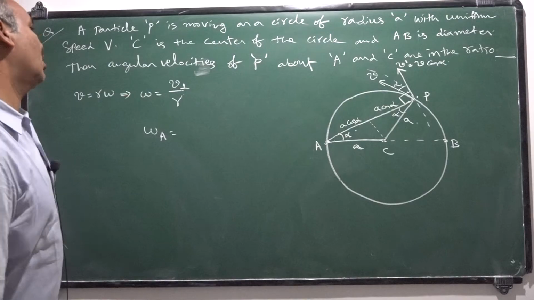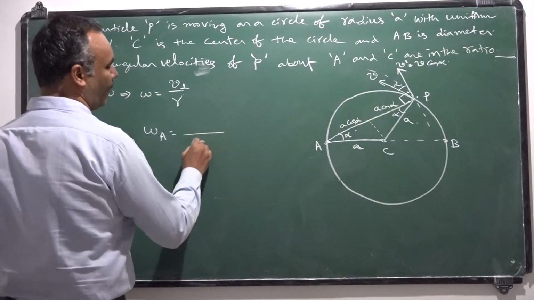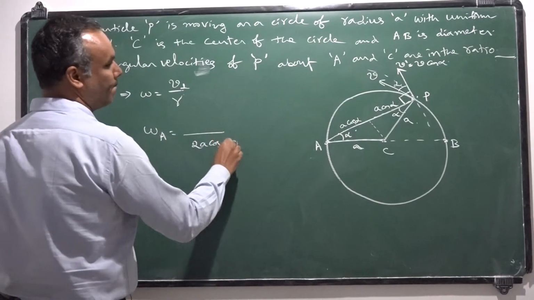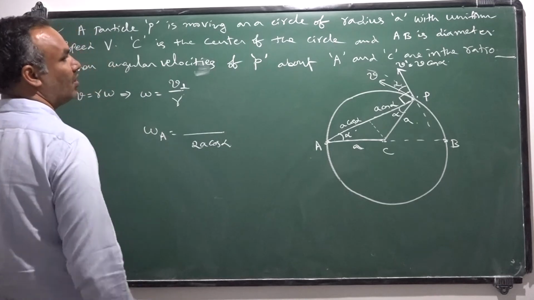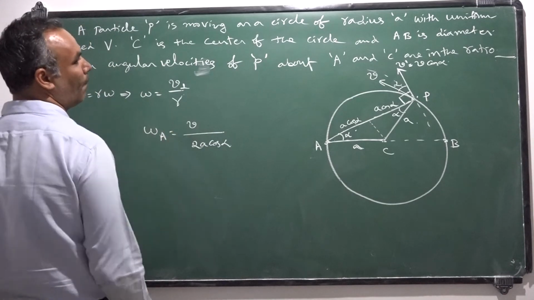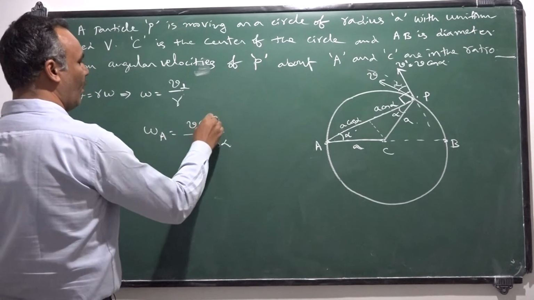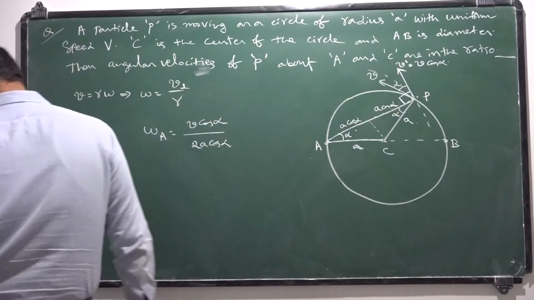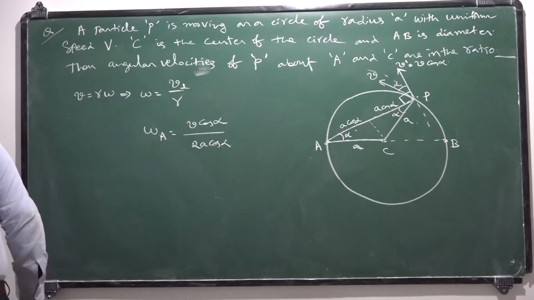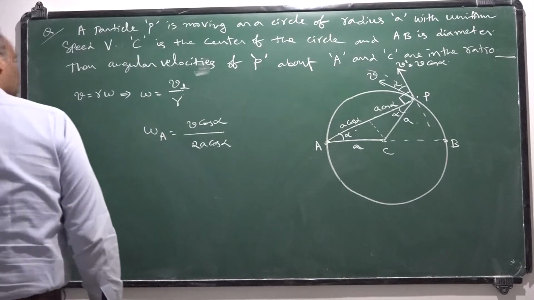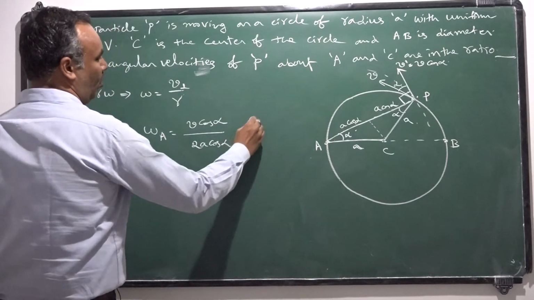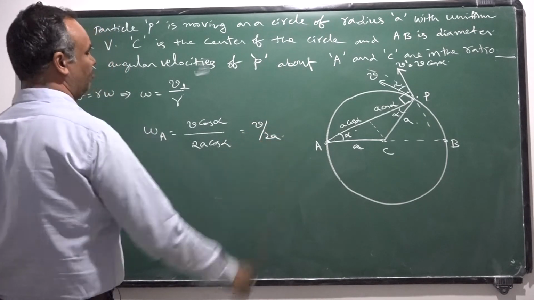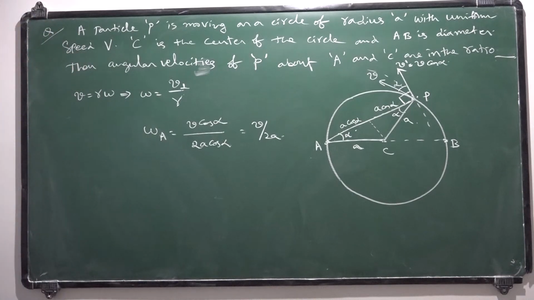So 2A cos alpha will be the radius, and the perpendicular component of velocity is V cos alpha. So V by 2A is the angular velocity of the particle P with respect to A.